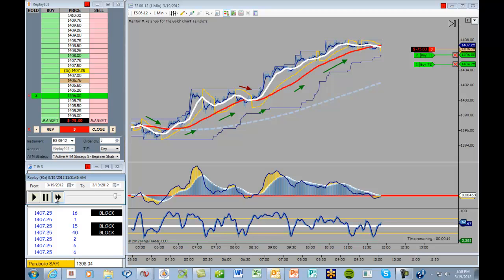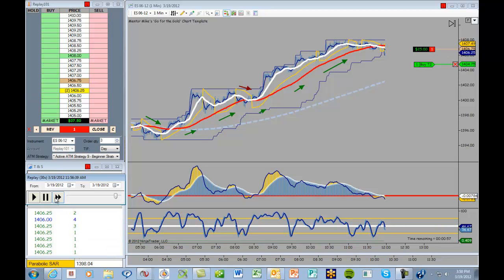Yep. It's going to take a little spike up, but look at the white below the red, though. That's still looking pretty bearish. There we go. We hit the first target, didn't flip this. Ah, there we go.